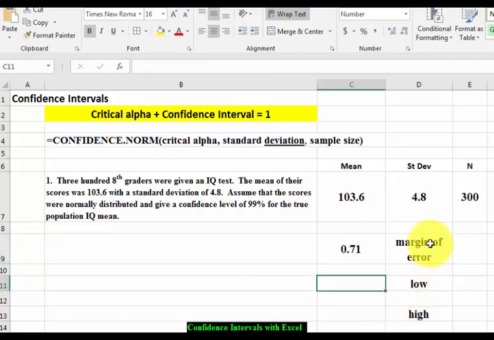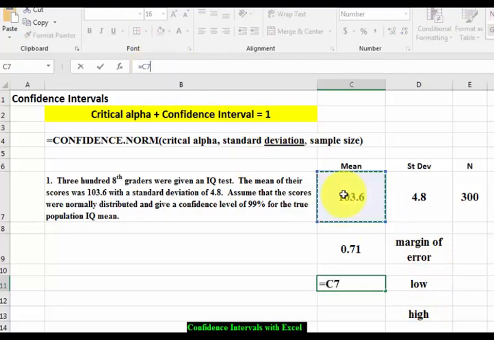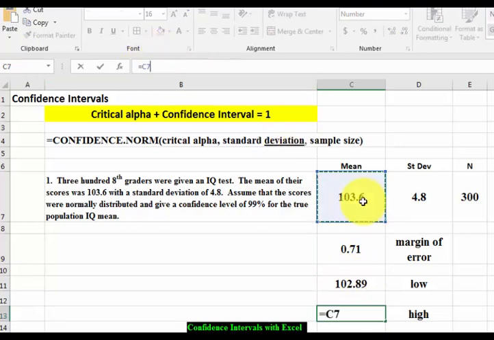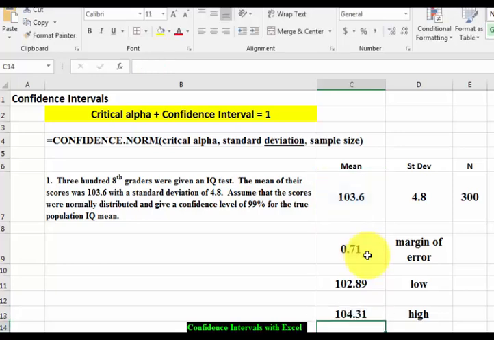So the lowest point is going to be equals the mean minus that number. There's our low value. And for the high value, we're simply going to go equals the mean plus that margin of error. And there's your high value.